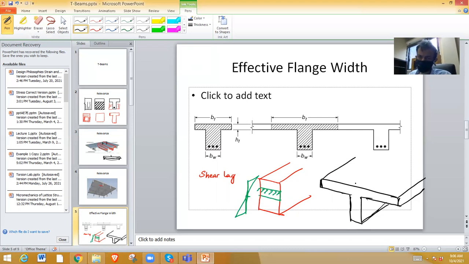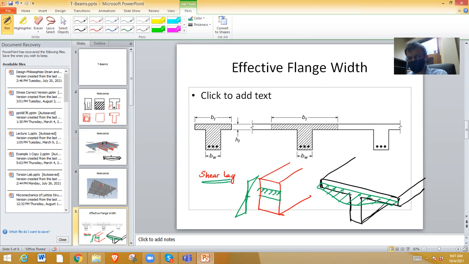And if you load this beam, the stress distribution across the width of this flange is not going to be uniform. Rather, it will be something like that. So why is it like that? This is because of a phenomenon called shear lag.